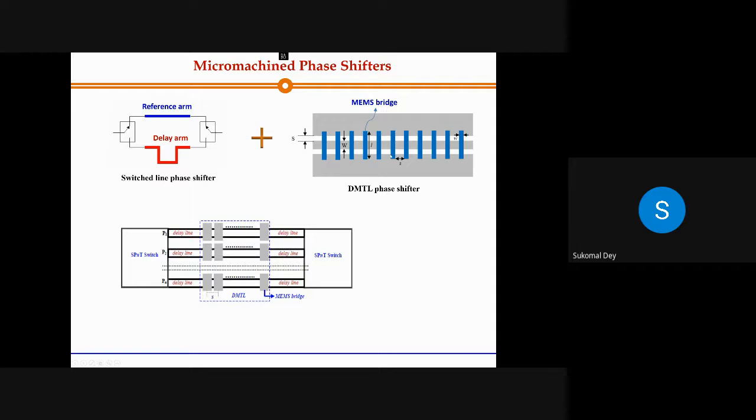What if I connect them together and make it something like, suppose I have a switching network. In the switch line phase shifters, every arm has a delay arm and a reference arm, and if I load the reference arm and delay arm, in the blue line and the red line, with lots of varactors, then if I add them together, what will happen?